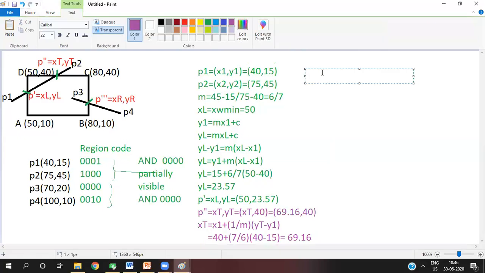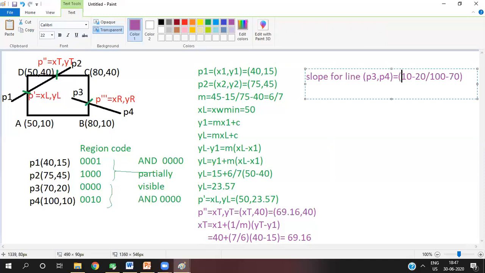Slope for the line P3 P4 is equal to 10 minus 20 divided by 100 minus 70, which gives you minus 10 divided by 30, minus 1 by 3.